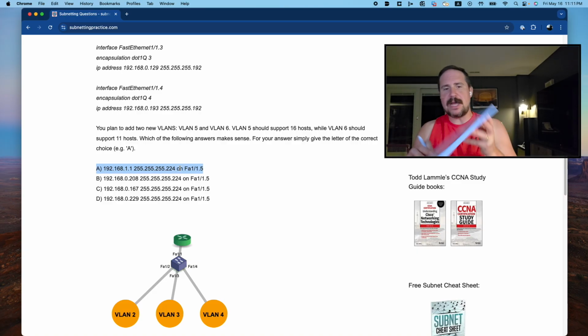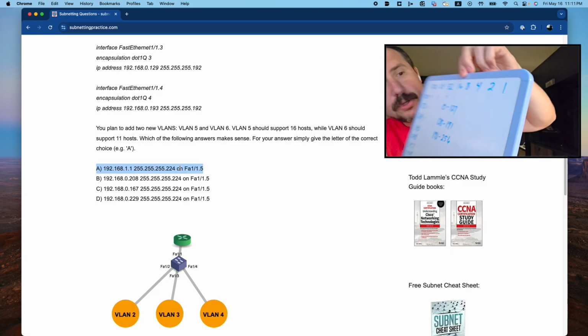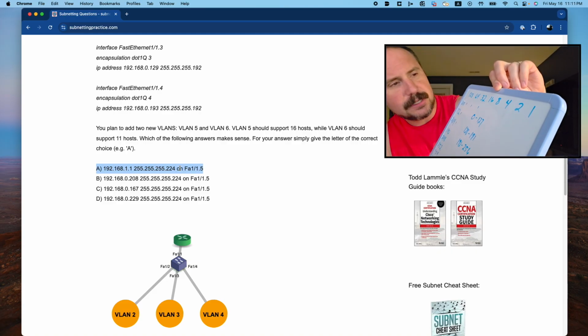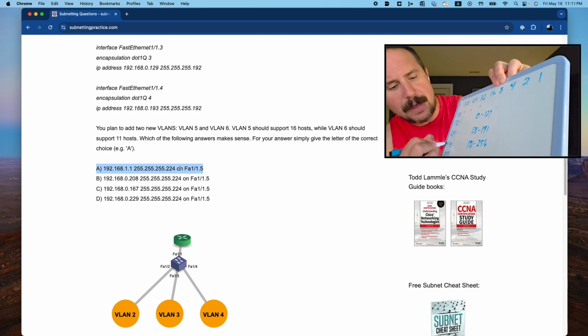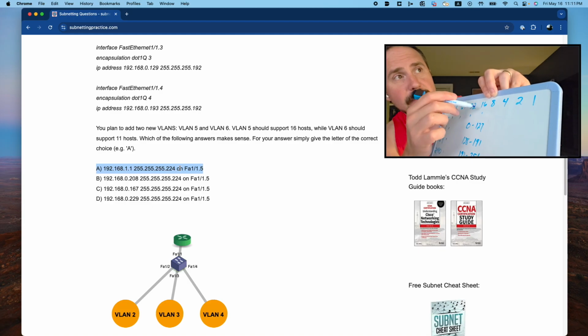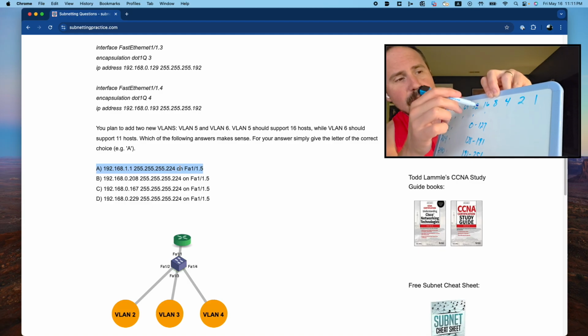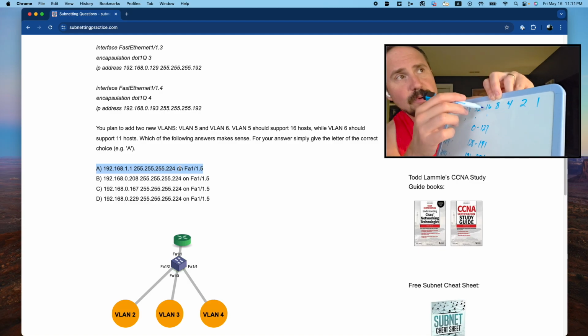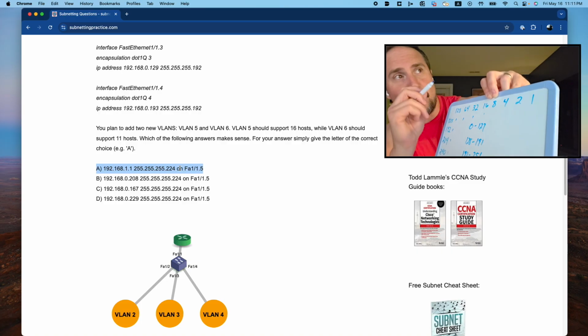Now, you might be asking, why don't we do a .240 subnet mask and have a perfect match of 16 block size? That's because you always have to subtract 2, one for your network address and one for your broadcast address.